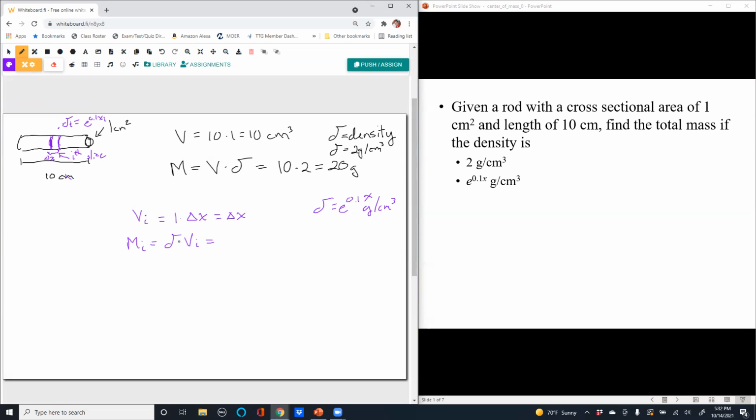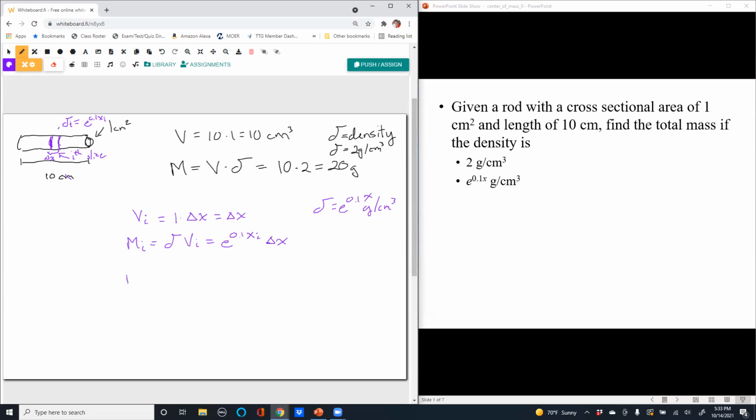So all we have to do now is take the density, which is our E, and this is just on the ith slice, so I'm going to put the sub i there, delta x. I added the delta onto what we already had for V sub i. So we're building in steps.